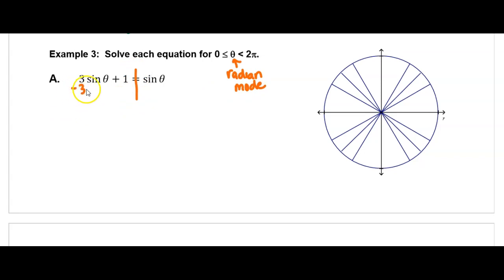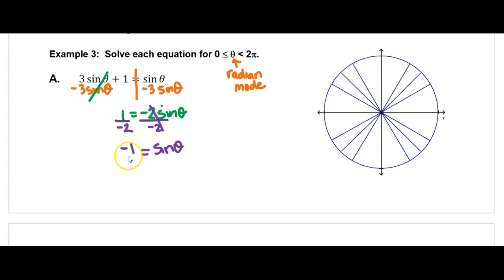So we'll subtract 3 sine theta on both sides. When we do that, it's going to cancel out. We'll have 1 is equal to negative 2 sine theta. And to finish solving for sine theta, we'll divide both sides by negative 2. So we are looking for where sine of theta is equal to negative 1/2.